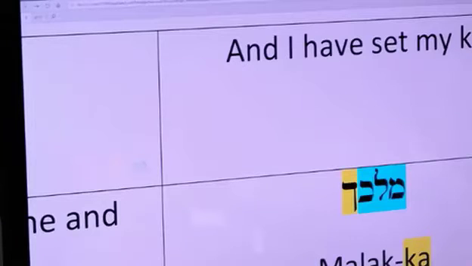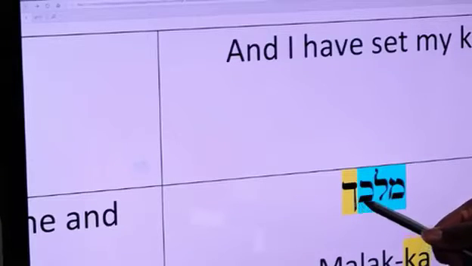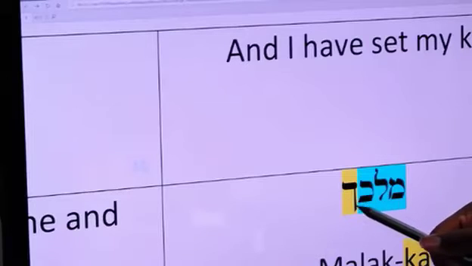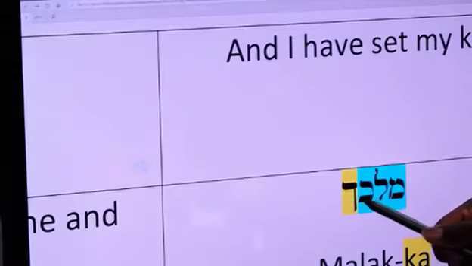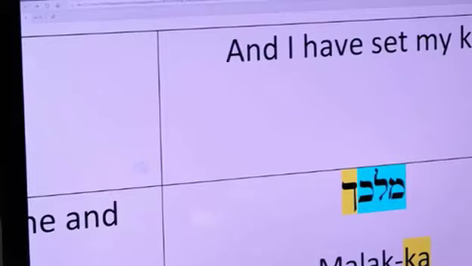Those are the three letters that have the ending forms that are used in suffixes. Those suffixes will take on their ending form. Hopefully that answers your question.